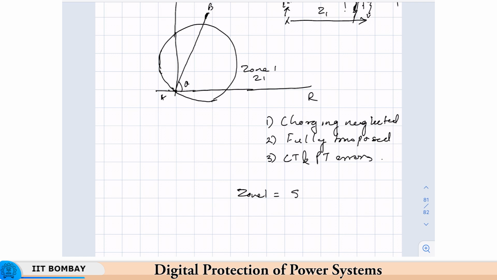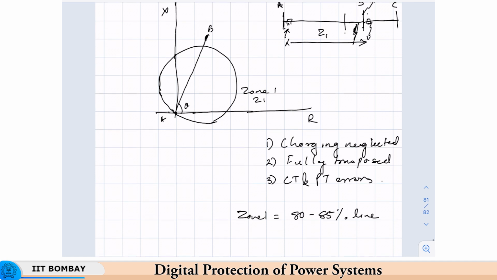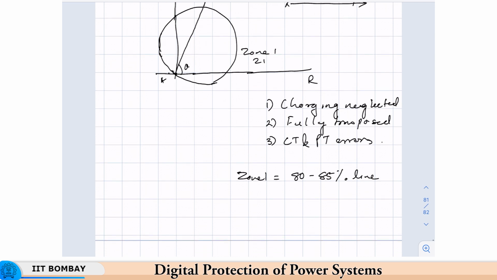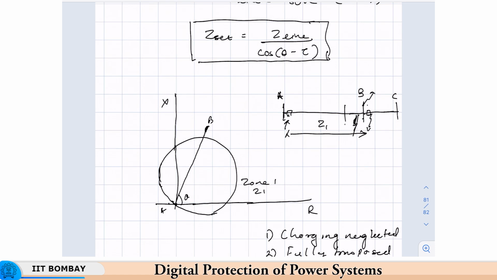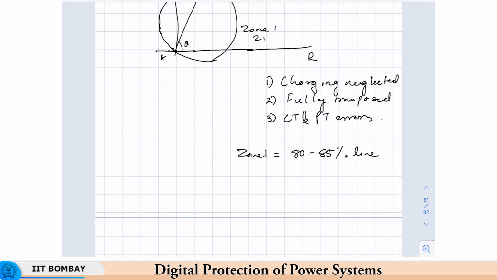The last 15 to 20% of the line is deliberately left out, because you want the other protections to operate first.